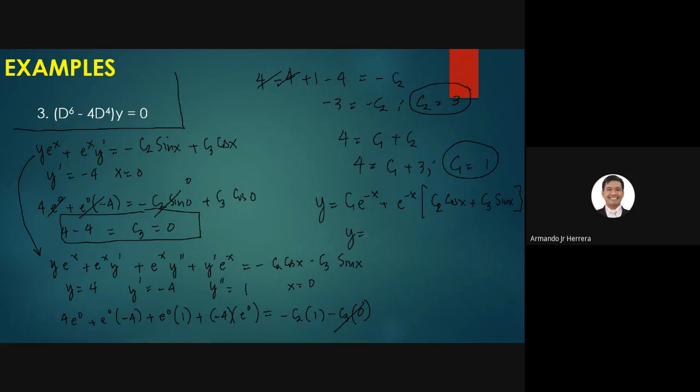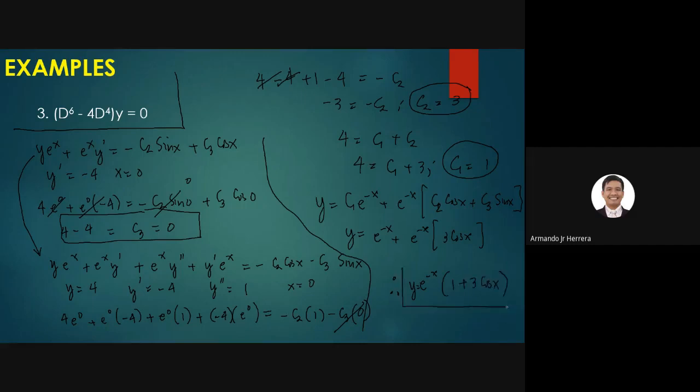So y here is e to the minus x plus e to the minus x, quantity C2 is 3 cosine x, C3 is 0. So therefore, y is equal to e to the minus x quantity 1 plus 3 cosine of x.